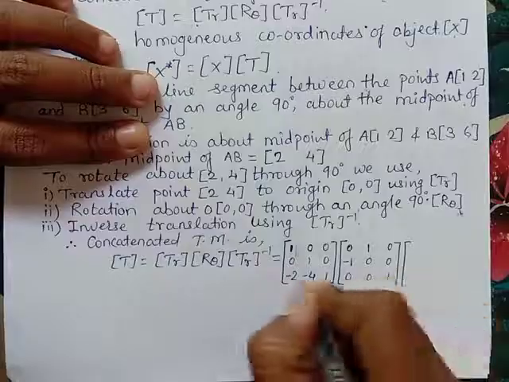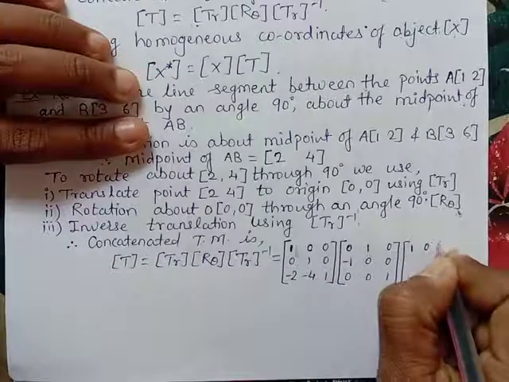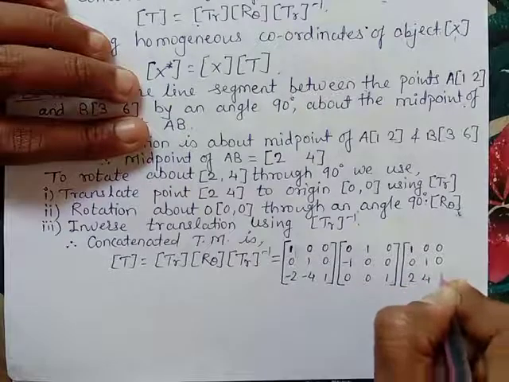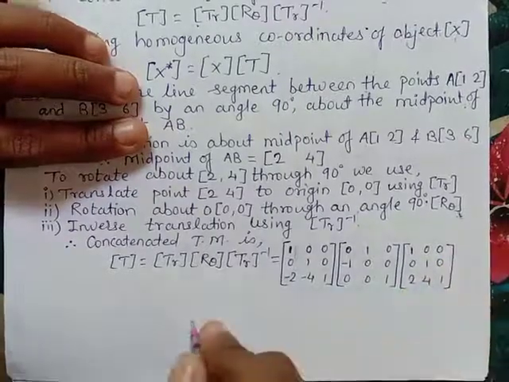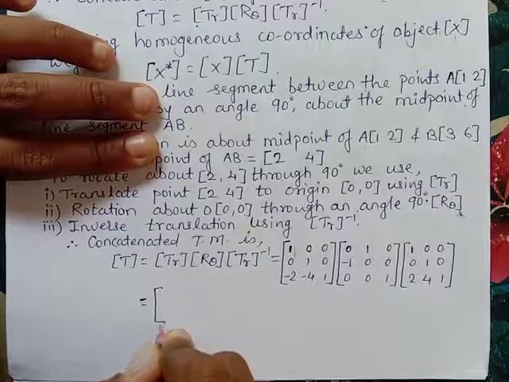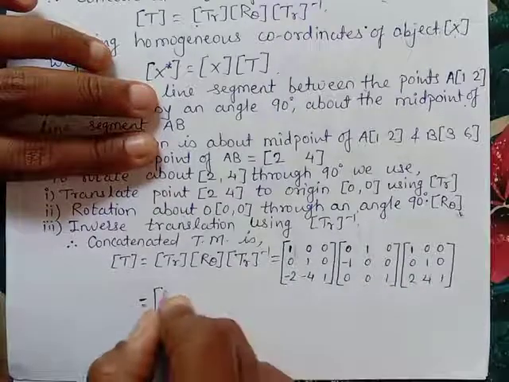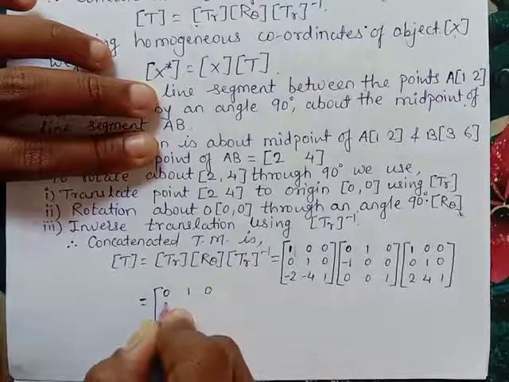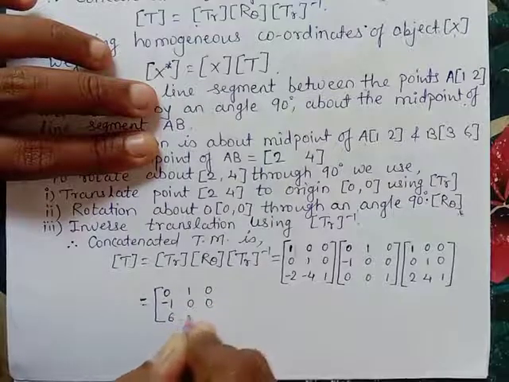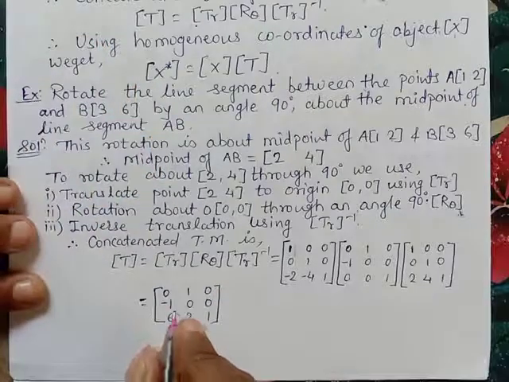Again, inverse translation will be 1 0 0, 0 1 0, 2 4 1. So now the resulting transformation matrix, the product of these three, is 0 1 0, minus 1 0 0, 6 2 1. This is the concatenated transformation matrix.